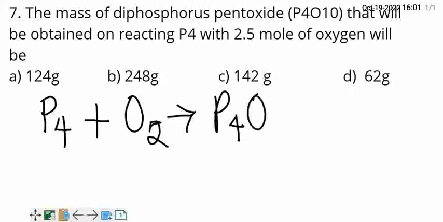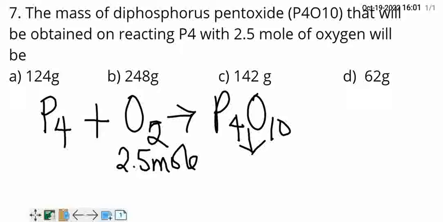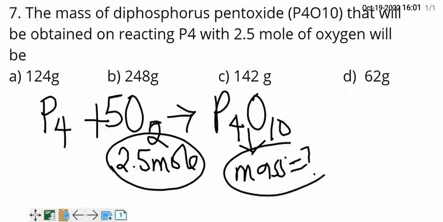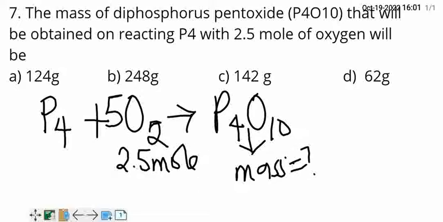So balance this by putting 5 here. After balancing the equation, I write what is given in the question and what we are asked to find under each of the substances.